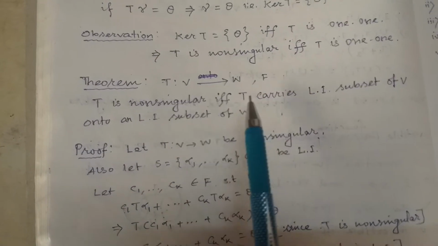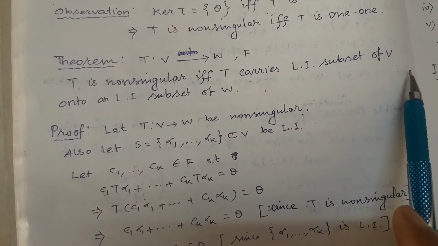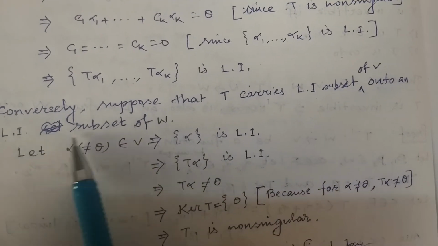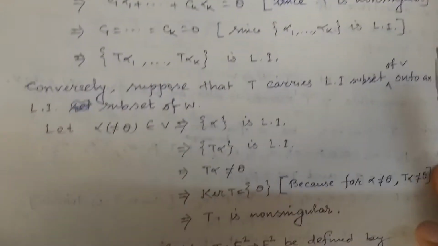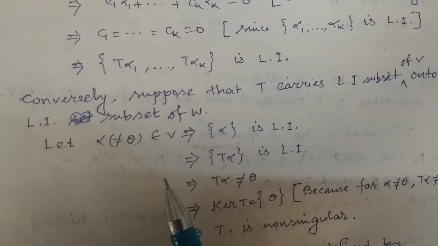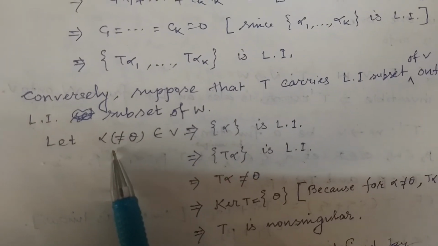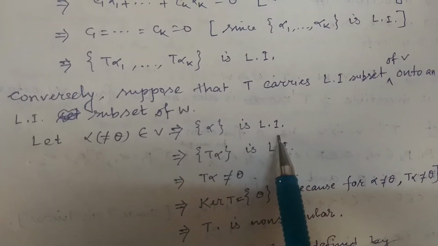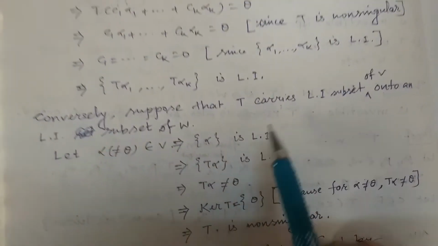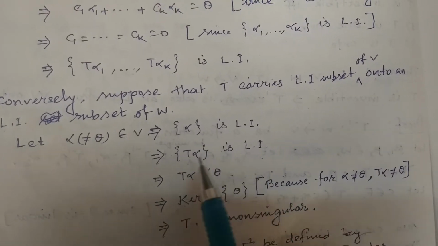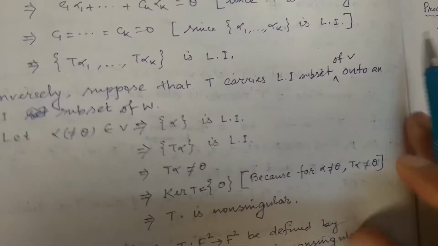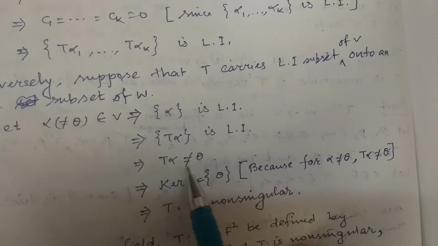So the first part is proved. That means if T is non-singular, then T carries a linearly independent subset to a linearly independent subset. Converse part. Suppose that T carries a linearly independent subset of V onto a linearly independent subset of W. We have to prove T is non-singular. Let alpha be a non-zero vector in V. Then definitely singleton alpha is a linearly independent subset of V. Since T carries linearly independent subsets to linearly independent ones, T alpha is a linearly independent subset in W. Since it is linearly independent, T alpha must not be equal to theta.